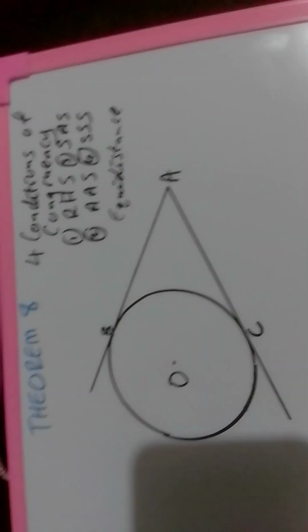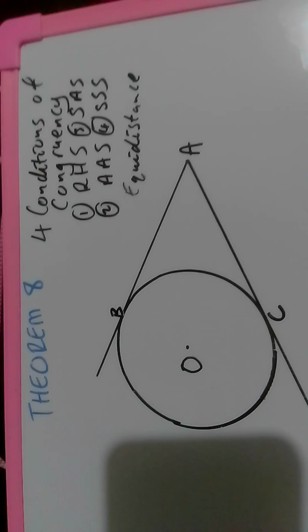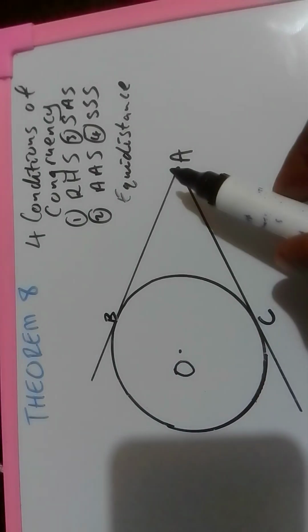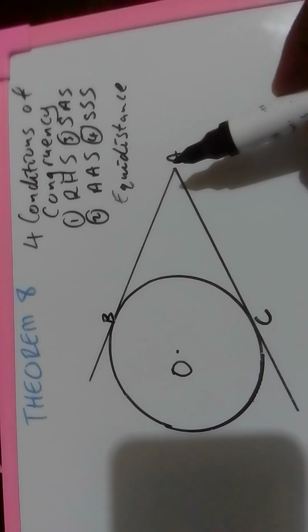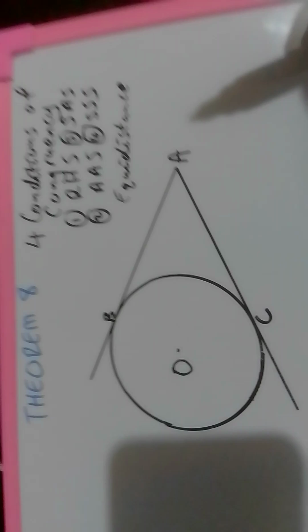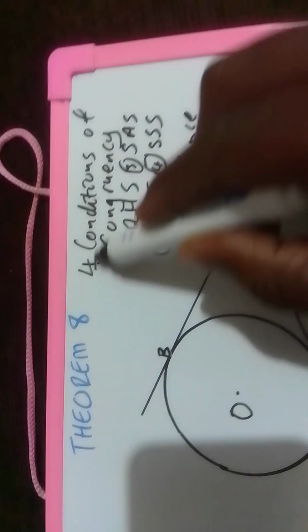Now, in Theorem 8, our job is to prove that the length of tangent AB and the length of tangent AC is equal.